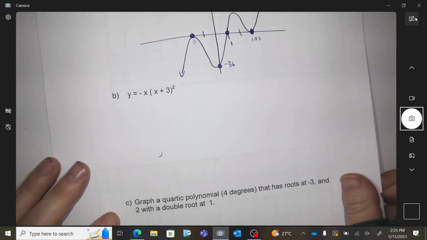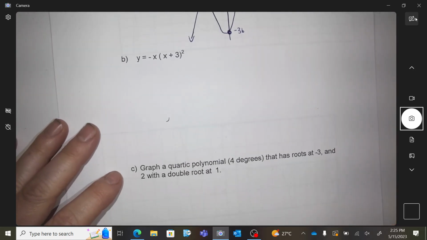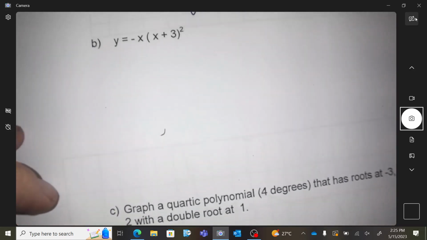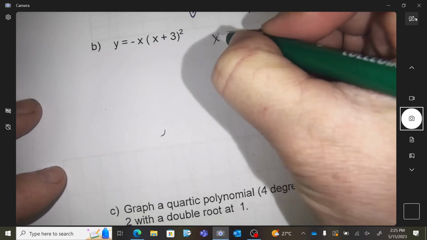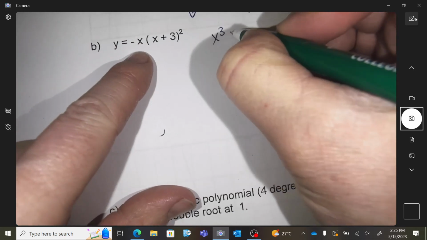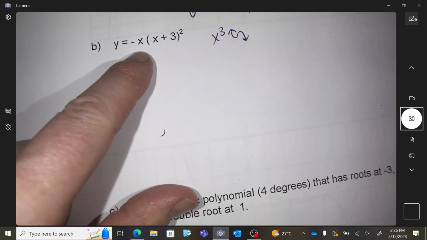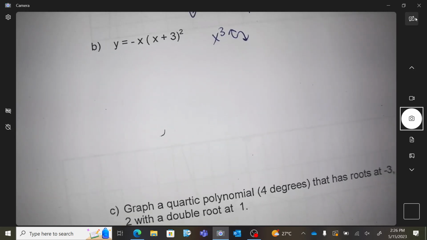Okay, this one. How many x's would you end up at the end with multiplying x's? 3. X cubed. Oh, there's a negative. So there, I know my general shape idea, right?